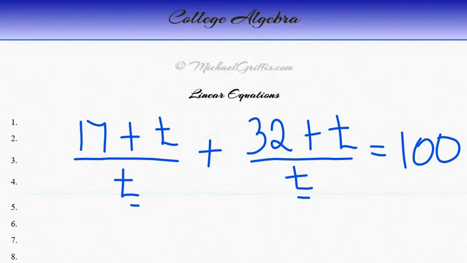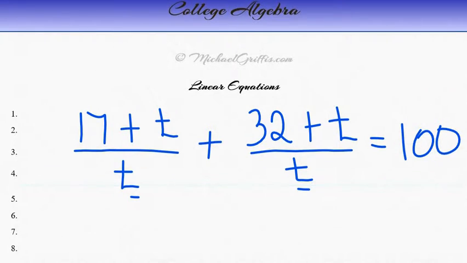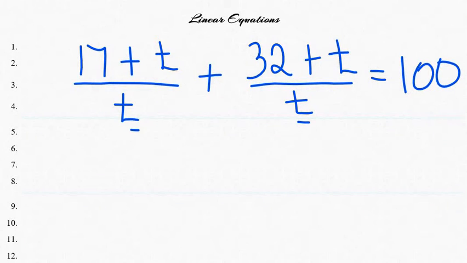And another way of looking at this is you can just multiply through by t, or you could just add both the equations together.